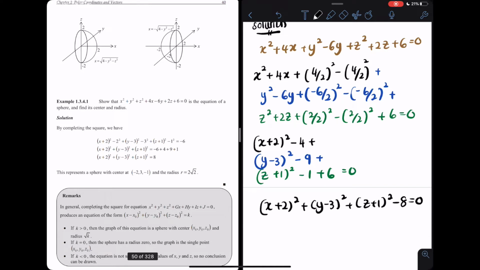Then I will rewrite my final answer: (x plus 2) squared plus (y minus 3) squared plus (z plus 1) squared equal to 8.